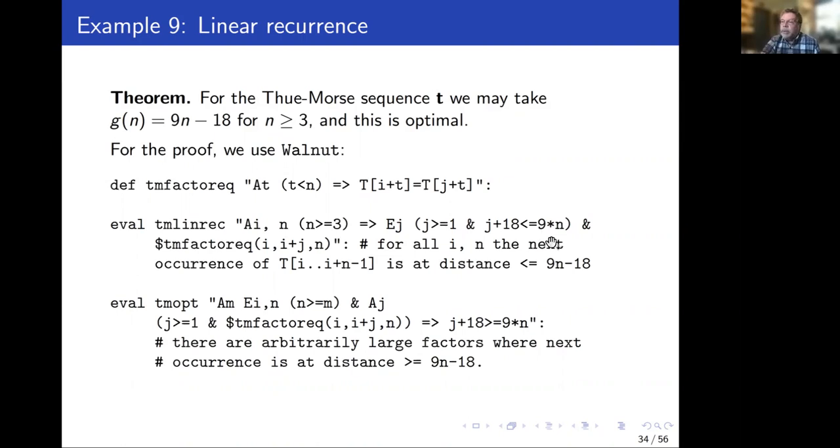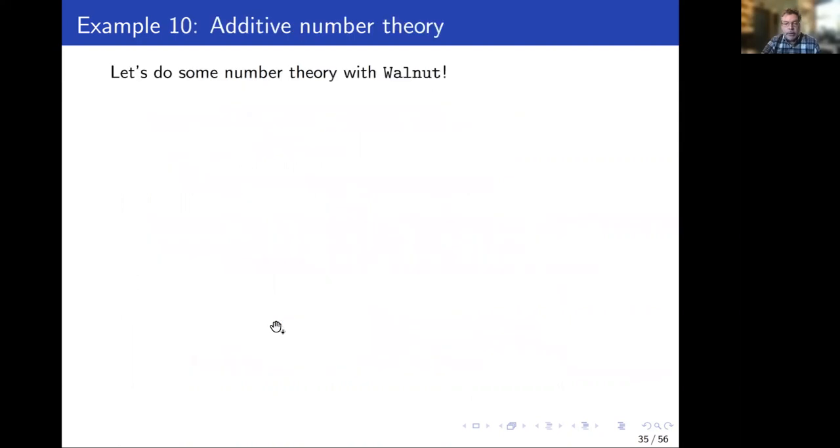That's the typical way you try to avoid subtraction and the problems that might ensue with subtraction. And here it says there are arbitrarily large factors where the next occurrence is at distance at least 9n minus 18. Both of these return true, so we're done.